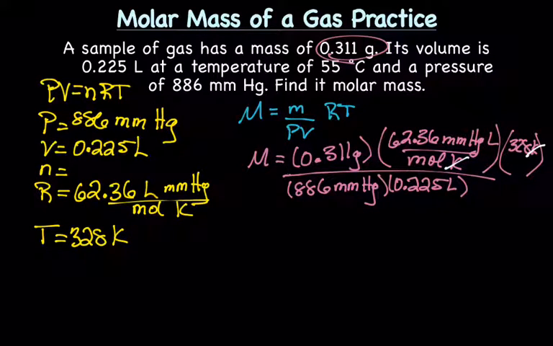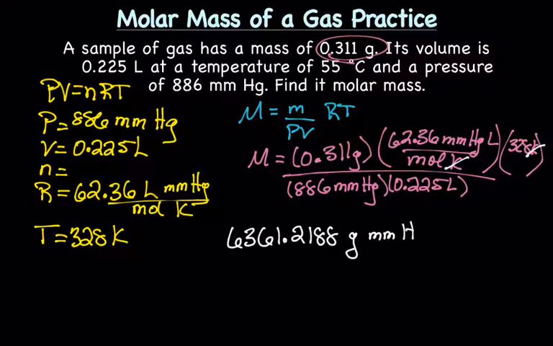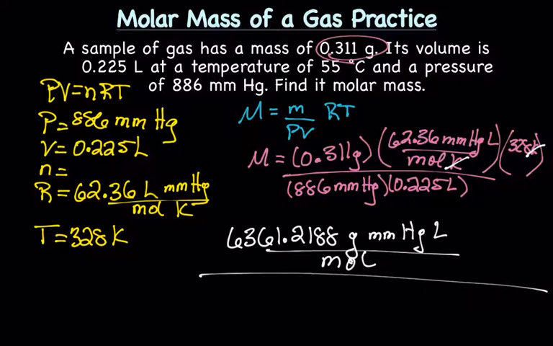So let's go ahead and multiply the top, giving us, I got 1.2188 grams millimeters of mercury liters over mole, divided by, let's multiply the bottom, giving us 199.35 millimeters of mercury and liters.